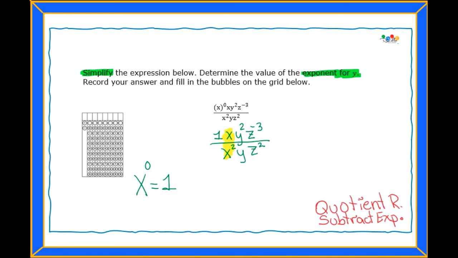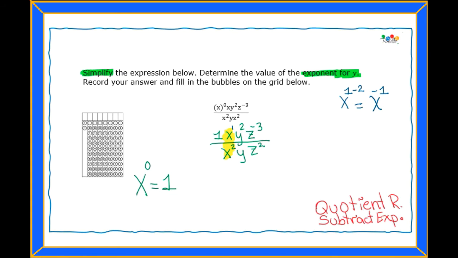So I'm going to start with x to the, yes, very good. It says x to the first power. And I'm going to subtract that exponent that is on my denominator, which is 2. And that will give me x to the negative 1. Is that correct? Okay, so who's next?